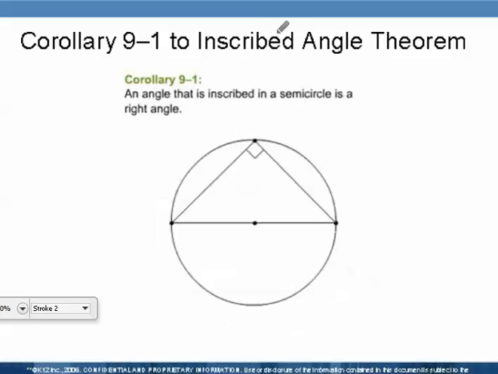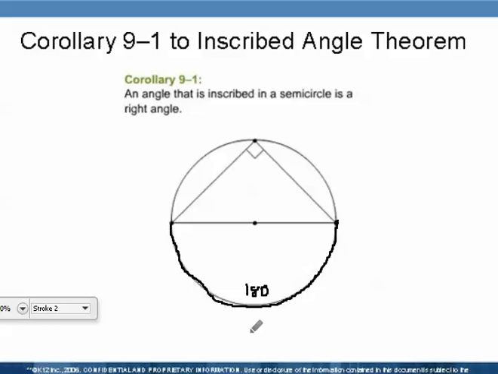Okay? So, this is a corollary. And the corollary says that an angle that is inscribed in a semicircle is a right angle. Well, why would that be? Look at this. What is this arc down here? This arc right down here is 180 degrees.